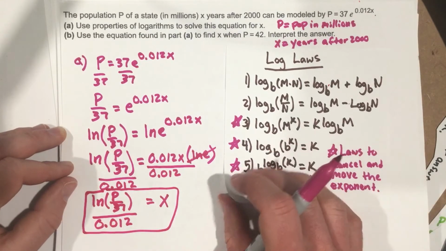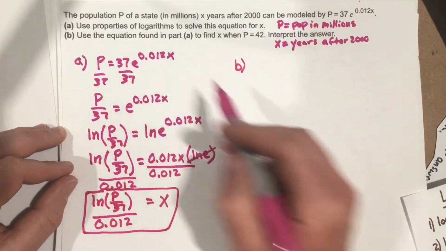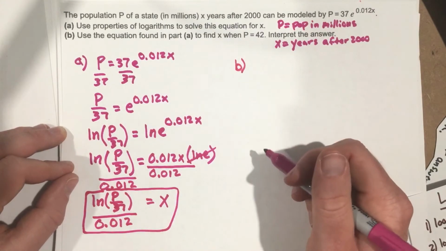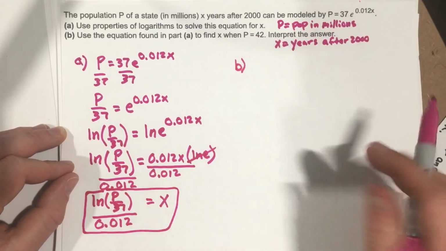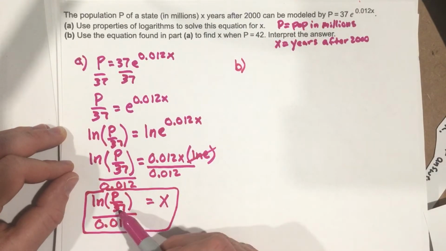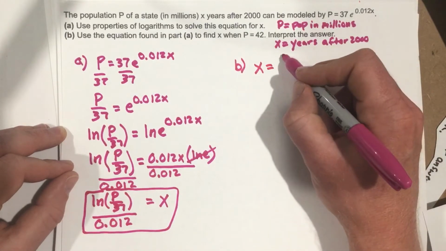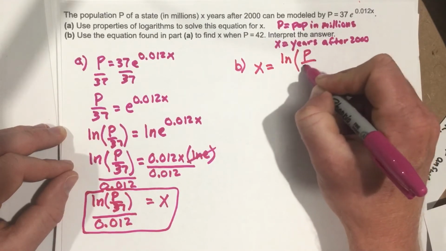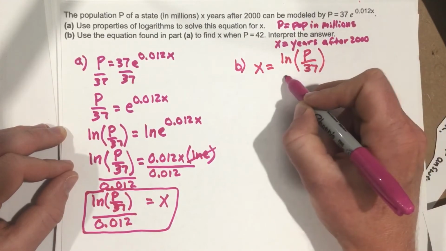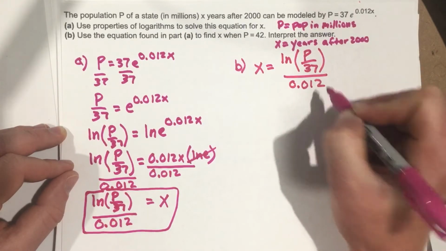Part B, it says, use the equation found in part A to find x when P is 42. So we want to find x when P is 42. So we're going to write x equals natural log of P over 37 all over 0.012.